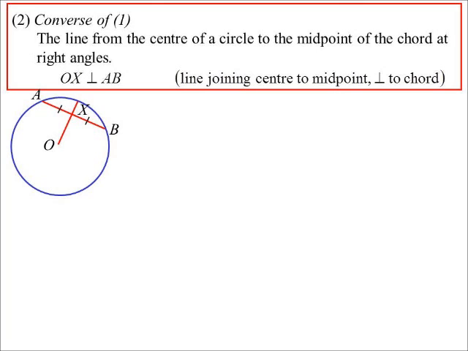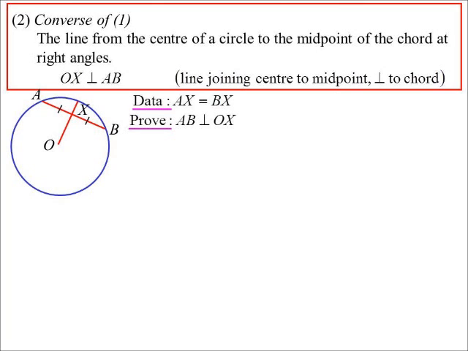So it's like the reverse of the first one. The first one said, if we know they're perpendicular, therefore these two things must be equal. Whereas this one is saying, if I know these two things are equal, therefore they're perpendicular. The reason I would use for this one is that the line joining the centre to the midpoint is always perpendicular to the chord.